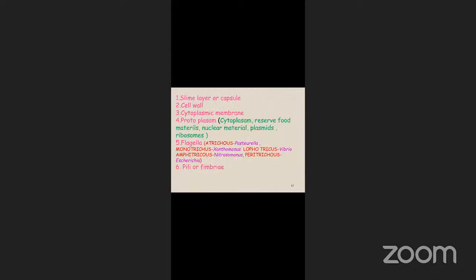How many types? Six types of flagella are there: Atrichous, Monotrichous, Lophotrichous, Amphitrichous, Cephalotrichous, Peritrichous.